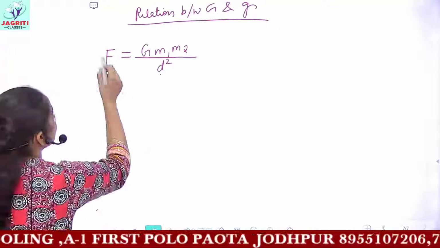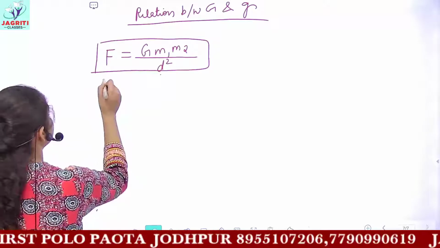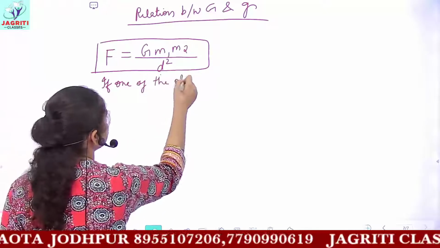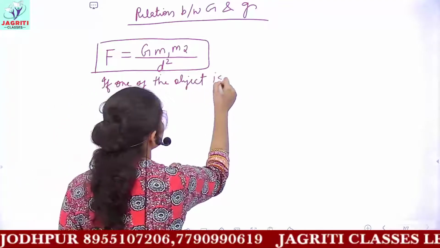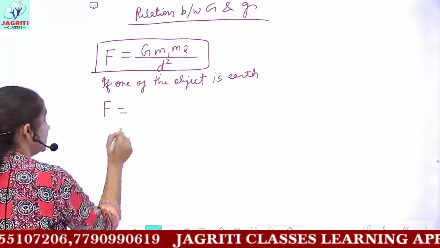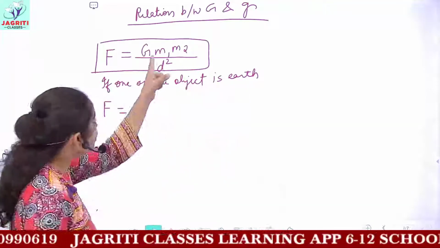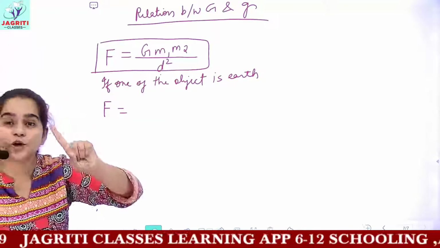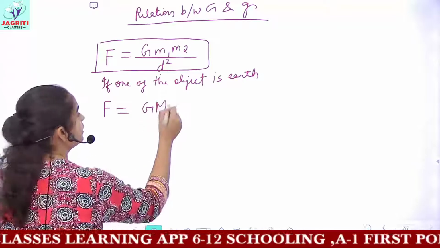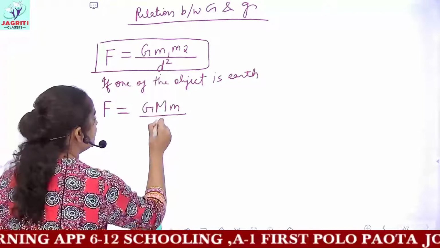And this formula comes from the universal law of gravitation. If one of the objects is Earth, then the formula becomes G capital M, which is the mass of Earth, small m, which is the mass of the other object, and the distance would be r square.